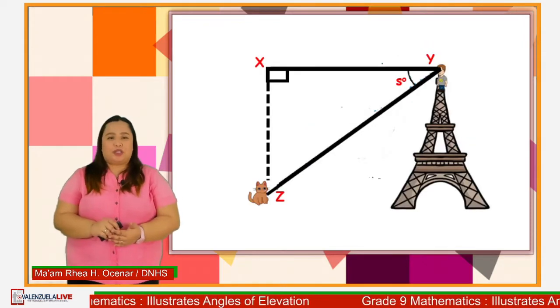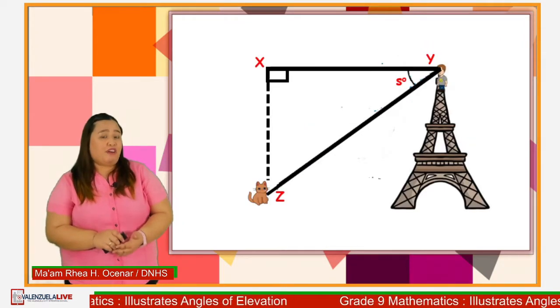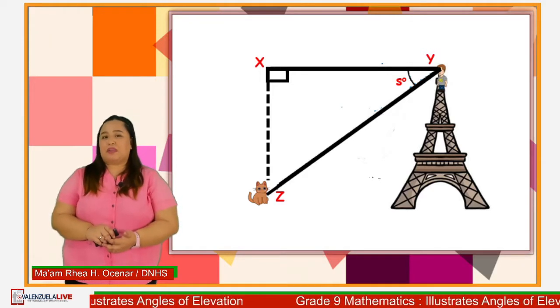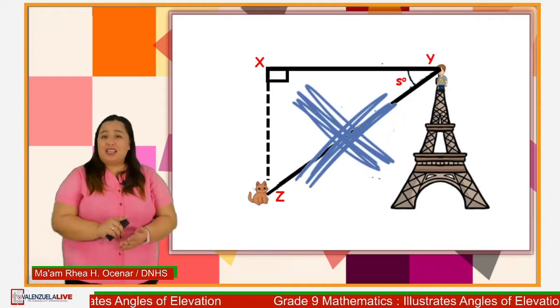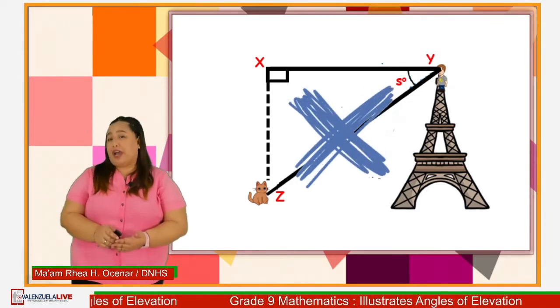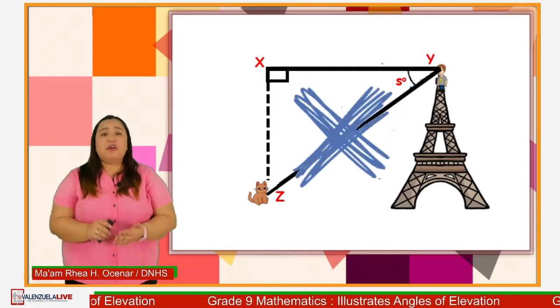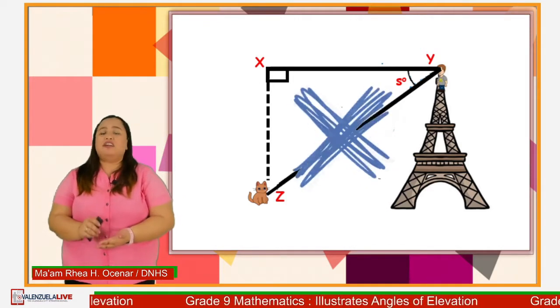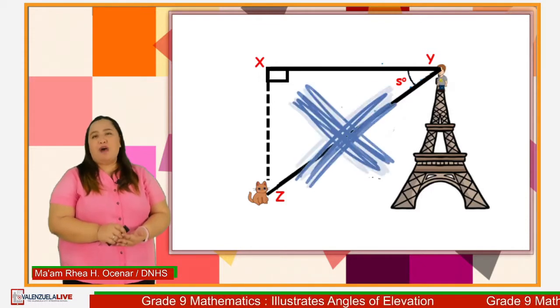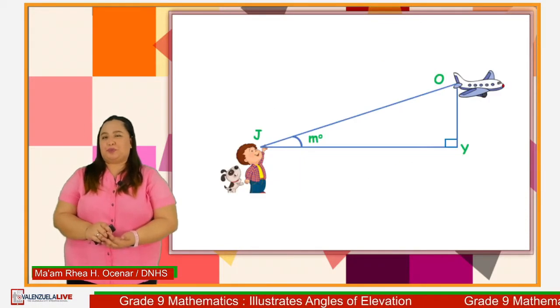Next picture. Is it an example of angle of elevation? Very good. It is not an example of angle of elevation. Why? Because from the horizontal line, the line of sight goes down. How about this picture?